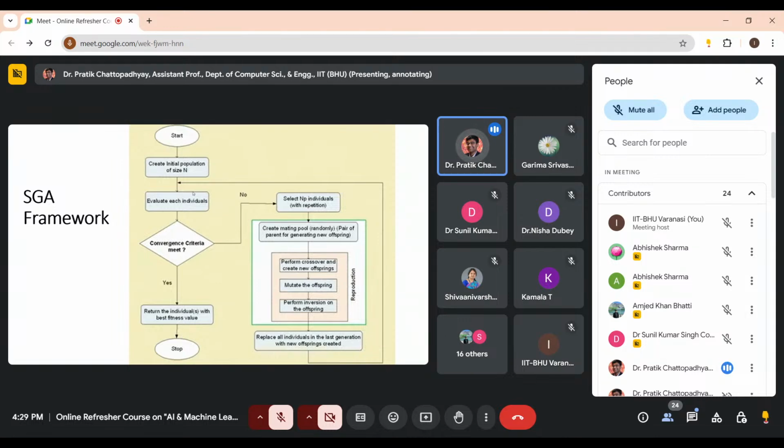So after evaluating, then we decide some convergence, basically how many generations we will go through, or some criteria, which we will discuss later. If convergence criteria is not met, after evaluating each individual, we create a pool which is called the mating pool.